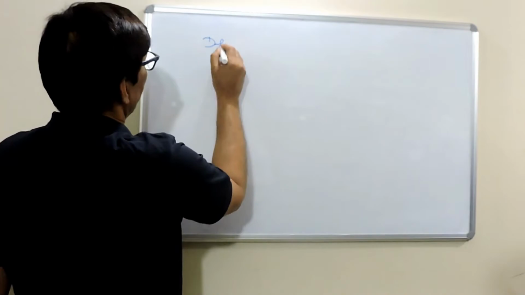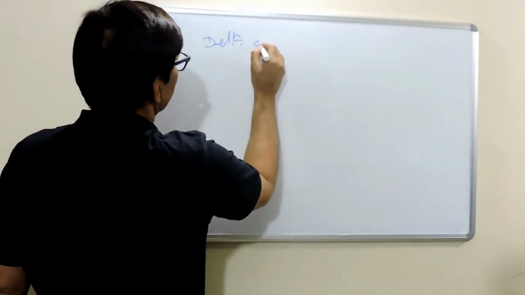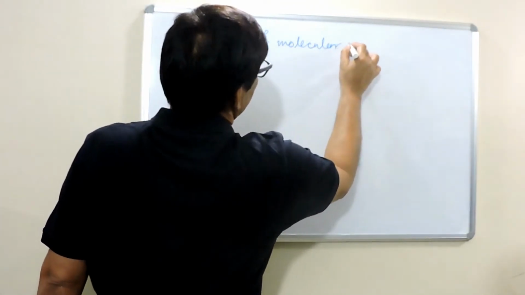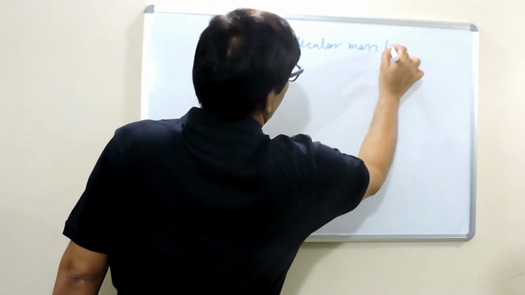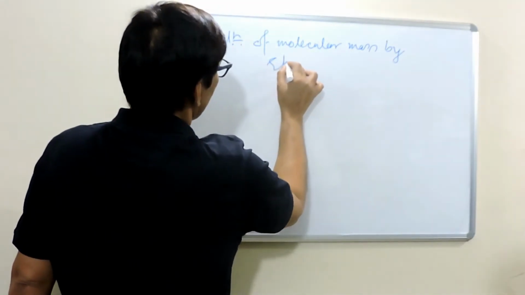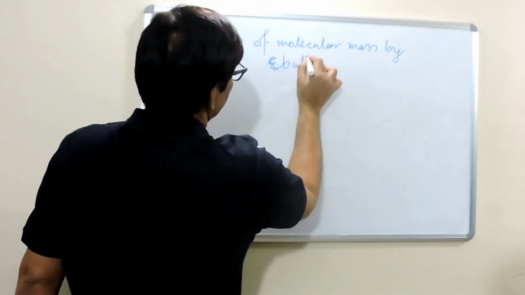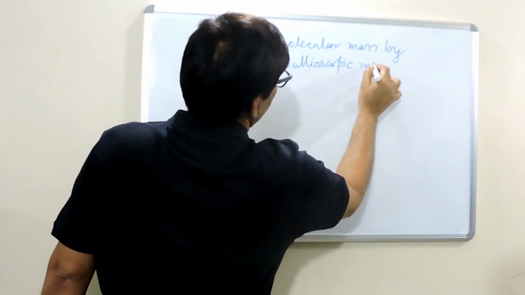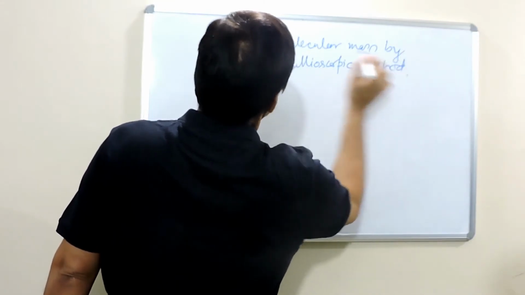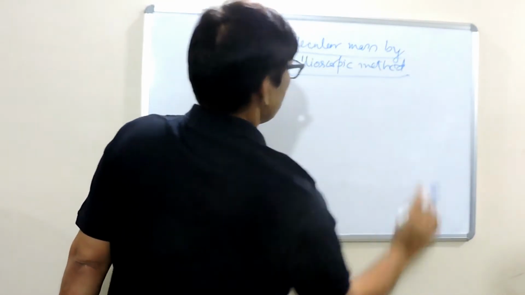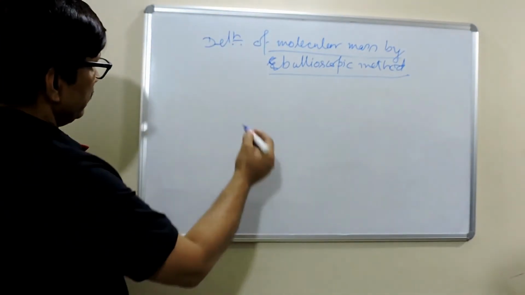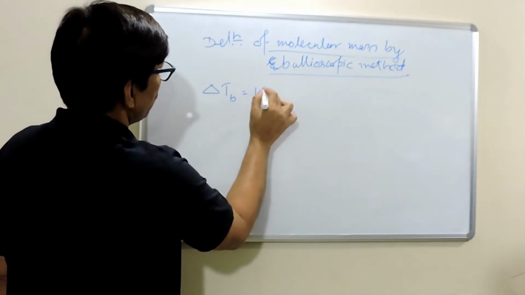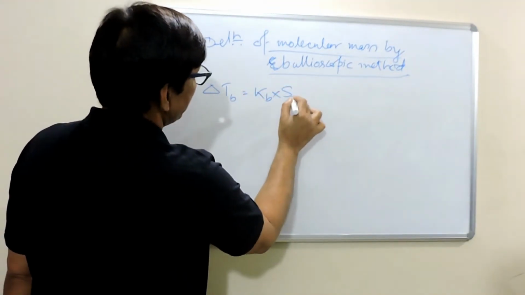Determination of molecular mass by ebullioscopic method. Okay, so we have derived this formula: delta TB is equal to KB into strength in molality.